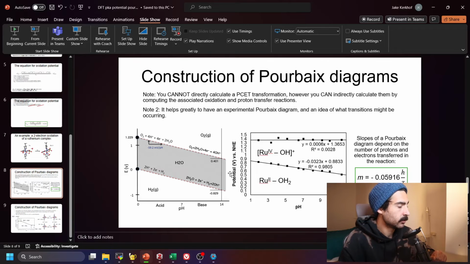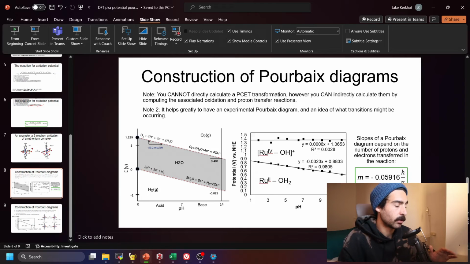millivolts. So as you can see from this Pourbaix diagram on the left, going from water to O2, you have a 4 electron, 4 proton transfer. So this is going to be a ratio of 1, and you get a slope of 59 millivolts. And from H2 to H2O, you have 2 protons, 2 electrons.